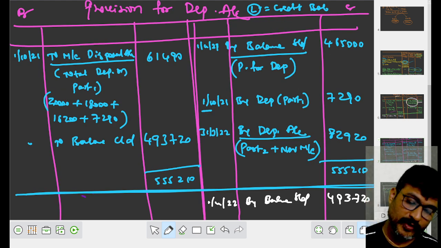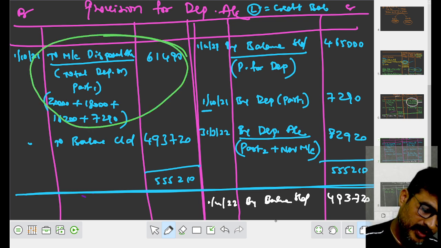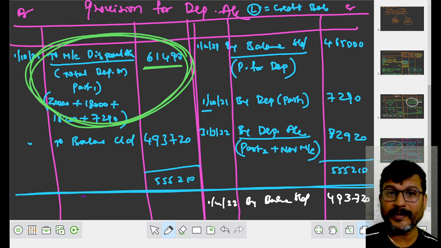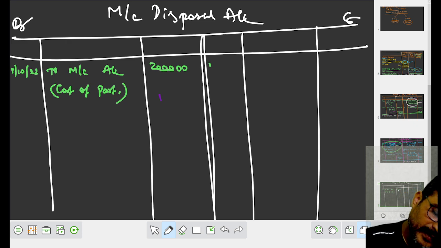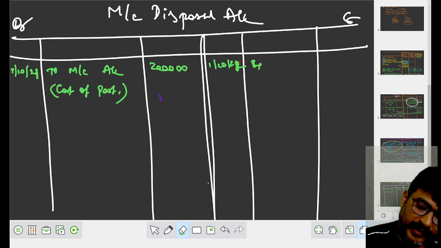In provision for depreciation, you have written to machinery disposal, 61,490. For that we have to write 1st October 21. It is not 22, my dear students, it is on 1st October 21.